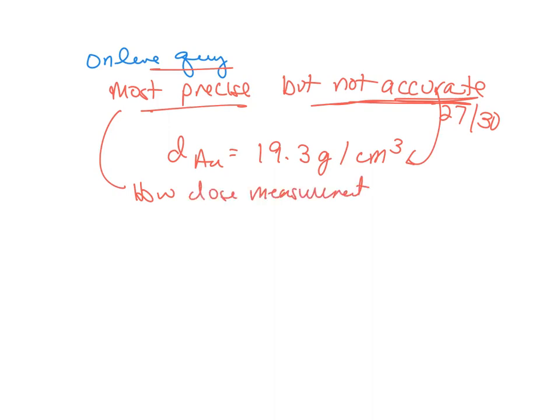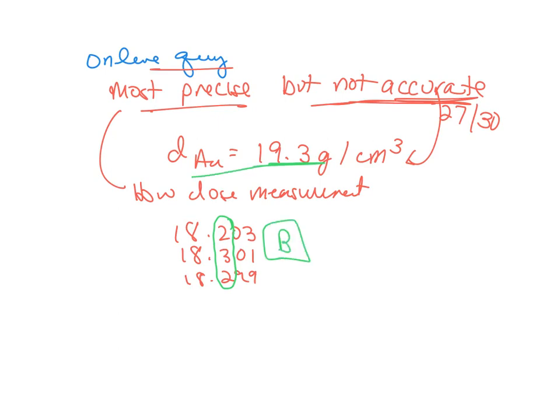And these are usually done with standard deviation, but you can see 18.203, 18.301, 18.299. They're all close to each other, within a tenth, but these are a whole 1 unit away from the true value. So that's the answer B.